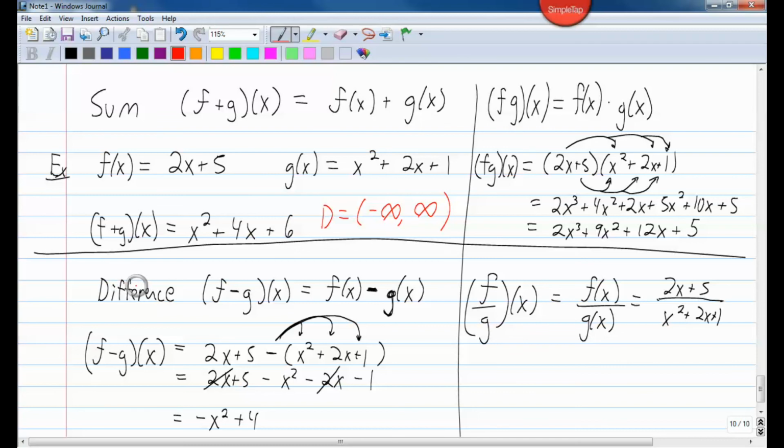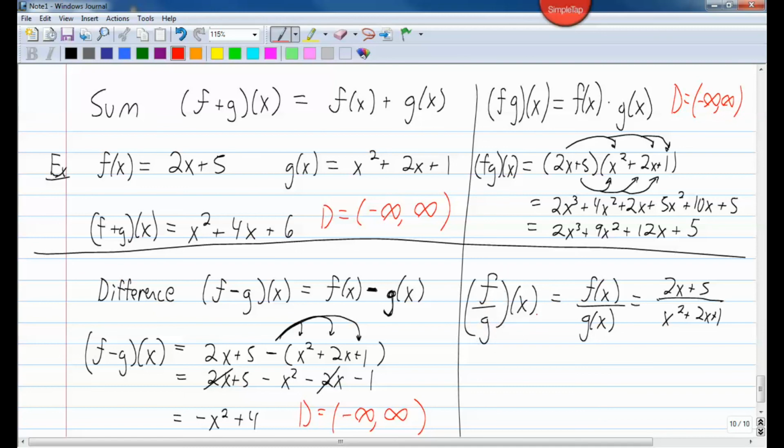Look at the domain for the difference. There's no radical, there's no denominator. So the domain is negative infinity to positive infinity, all real numbers. Look at f times g. Look at the answer. No denominator, no radical. So the domain is all real numbers, negative infinity to positive infinity.